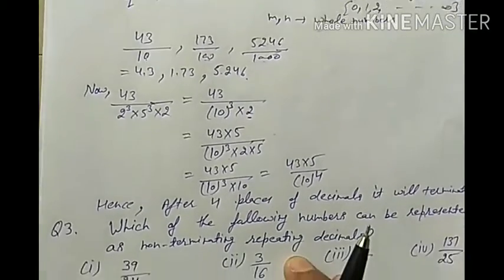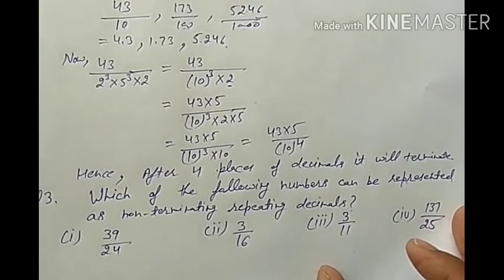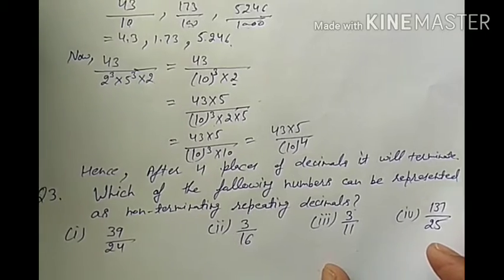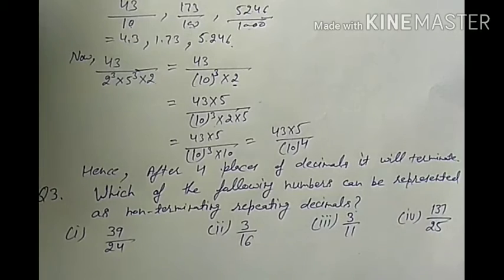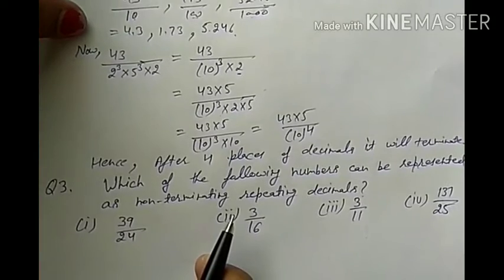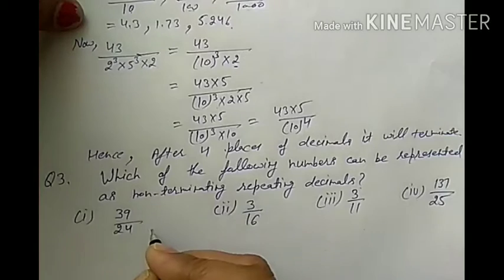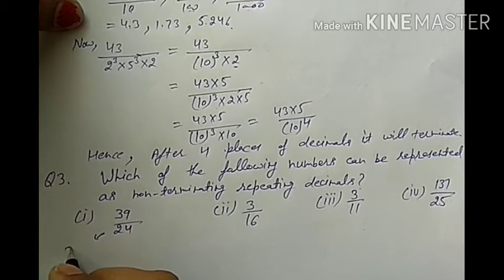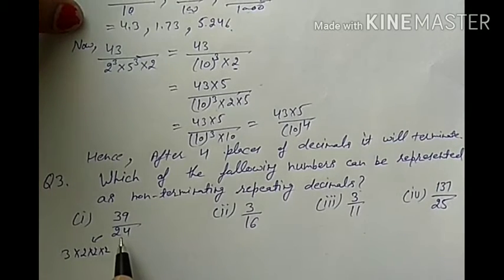Now the next question is, which of the following numbers can be represented as non-terminating repeating decimals? Non-terminating repeating decimals are rational numbers. First is 39 by 24. Students, look carefully. If you do prime factorization of 24, you get 3 into 2 into 2 into 2, and you will see that 3 is here, so it will be non-terminating.